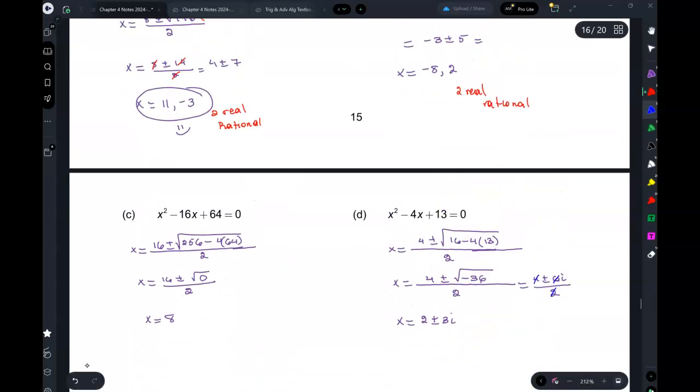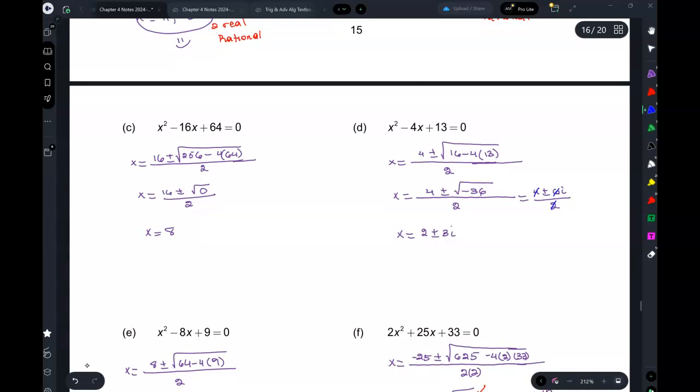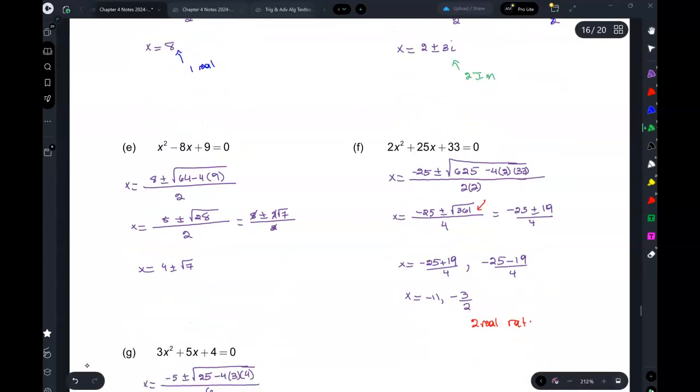Okay. Now look here. When I got 0 as my radicand, what type of solution did I get? 1 real solution, right? But then when I got a negative, then I got what? 2 imaginary solutions, right?